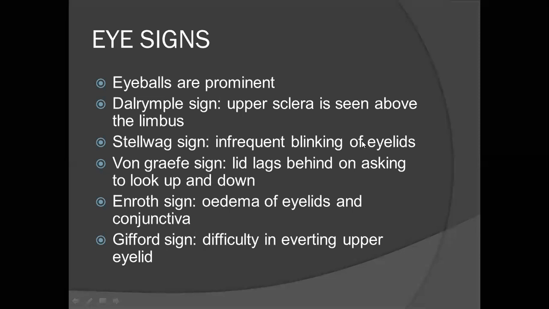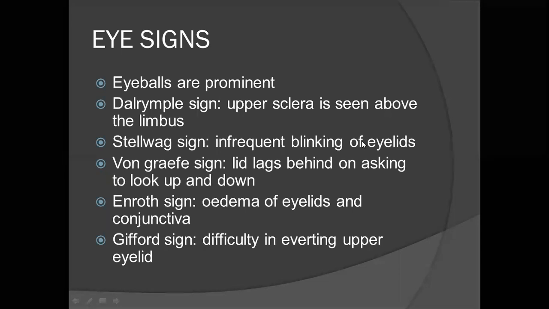Because the lid retracts, you see the upper margin of the sclera. That is Dalrymple sign. Retroorbital fat deposition pushing the eyeball forward can also expose the sclera, but the important pathology in Dalrymple sign is retraction of the upper eyelid due to contraction of the levator palpebrae superioris or Müller's muscle.